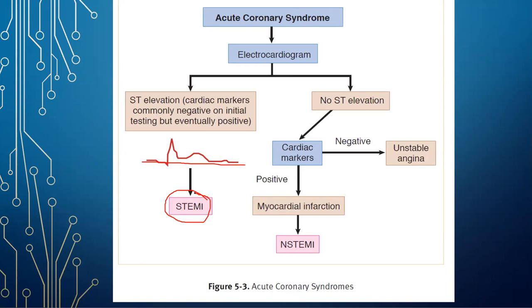For ST elevated MI, the next important management is to send the patient immediately to the catheter lab, to dissolve the clot or to remove the clot, which is your percutaneous coronary intervention, or we call it PCI, or you can call it angioplasty.